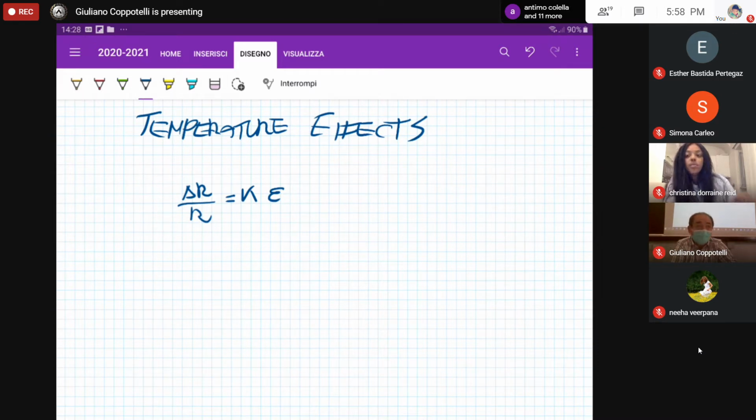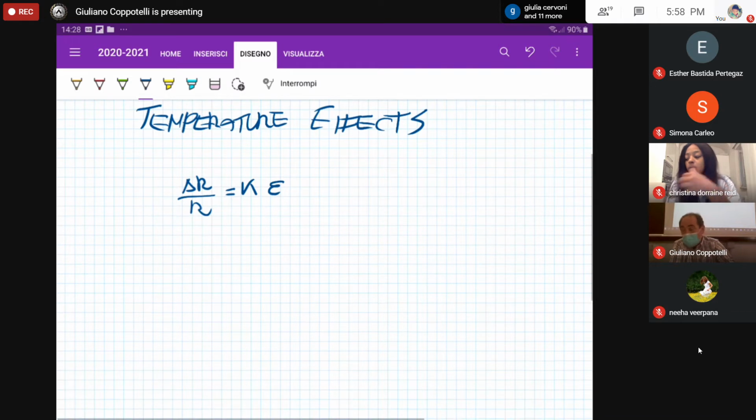Remember what I told you yesterday, and remember the new information that you have to input in your DNA code. So when referring to the effects of the operating temperature to our measuring circuit, to our strain gauge, we have to consider 3 different effects.